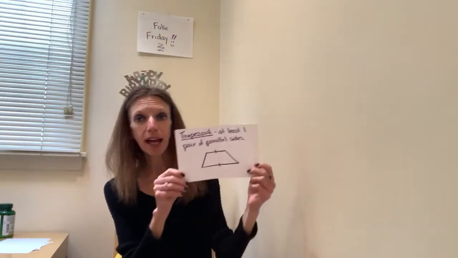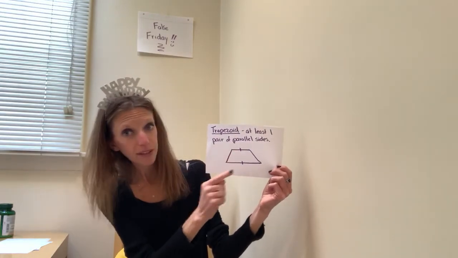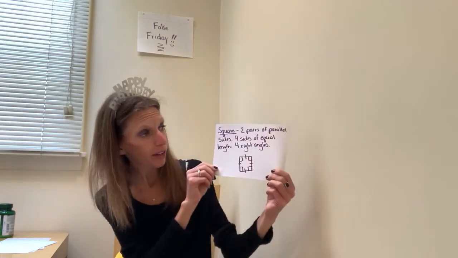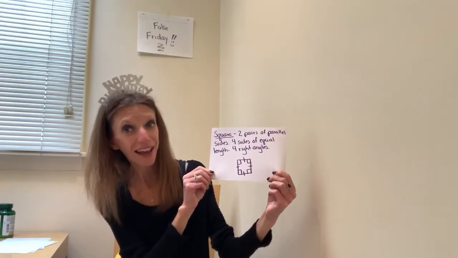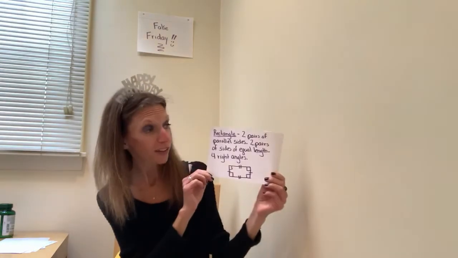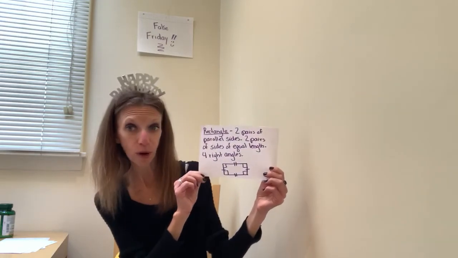So a trapezoid has at least 1 pair of parallel sides, and we could see them. A square has 2 pairs of parallel sides, 4 sides of equal length, and 4 right angles. A rectangle has 2 pairs of parallel sides, 2 pairs of sides of equal length, and 4 right angles.